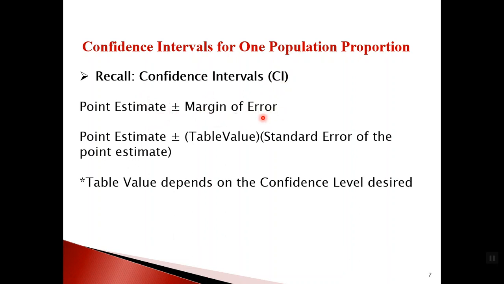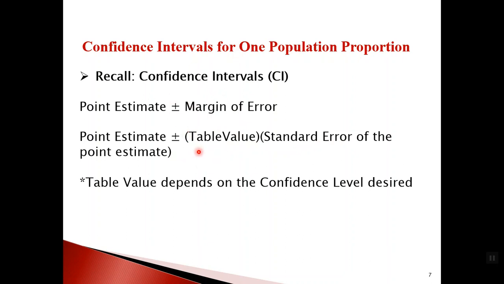Or, at the same time, you can calculate it another way: point estimator plus or minus the critical table value times the standard error of the point estimator, replacing the margin of error. We have done these things.